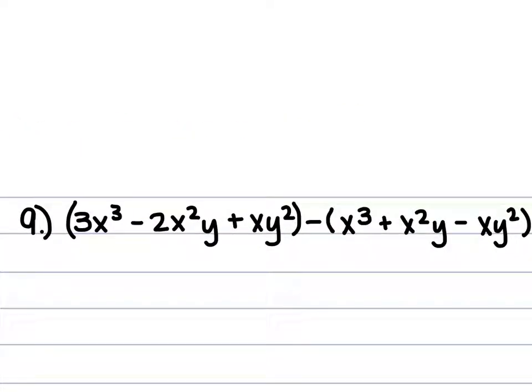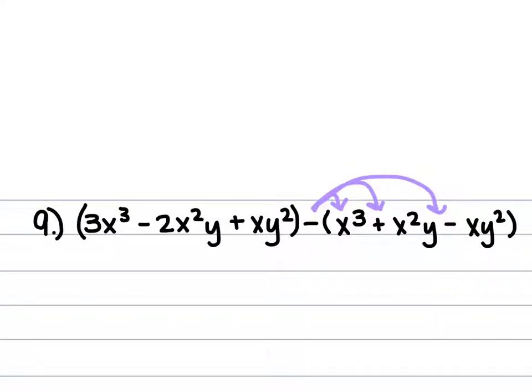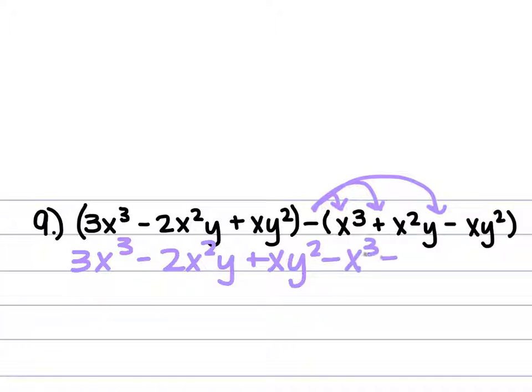For 9, again, distribute that negative. We are going to be left with 3x cubed minus 2x squared y plus xy squared minus x cubed minus x squared y plus xy squared. So combining like terms, 3x cubed minus the x cubed is going to give us 2x cubed.